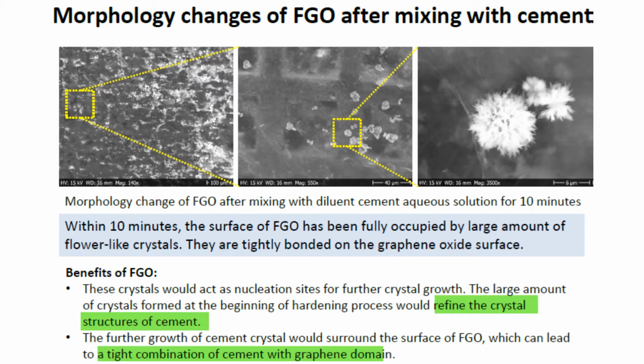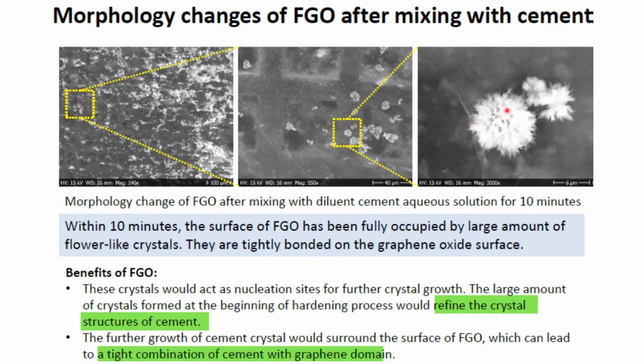And the graphene surface, which has high surface area, is quite helpful in growing this kind of crystal. I think that is the reason the graphene surface is catalyzing the crystal growth formation of the cement hydrate components, and they are also tightly bound with the graphene surface.